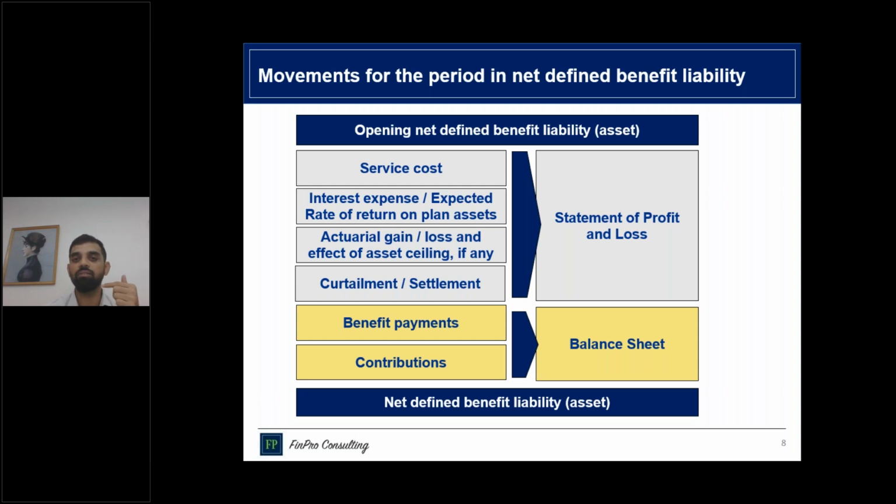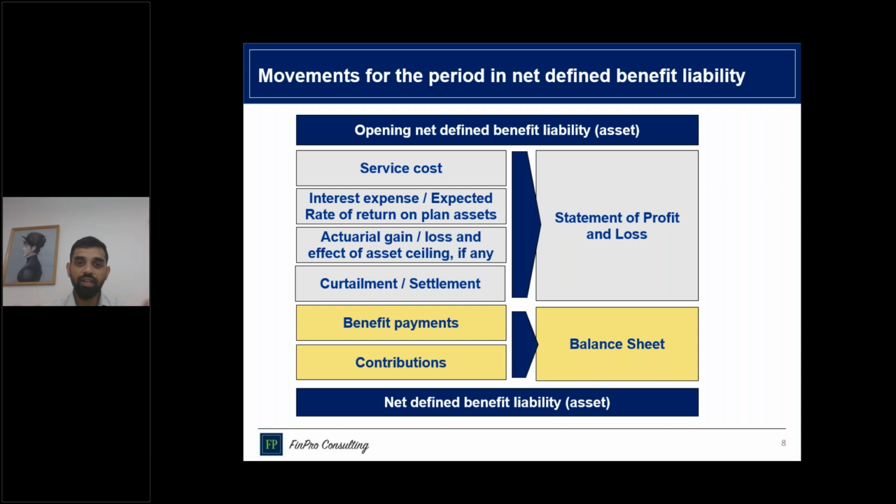Benefit payments will generally not have an impact on the balance sheet, as long as there is a withdrawal from the fund and payment to your employee. And contributions will increase your plan asset, or decrease the net defined benefit liability. It will result in your closing defined benefit liability, which will ultimately be recognized in your balance sheet.